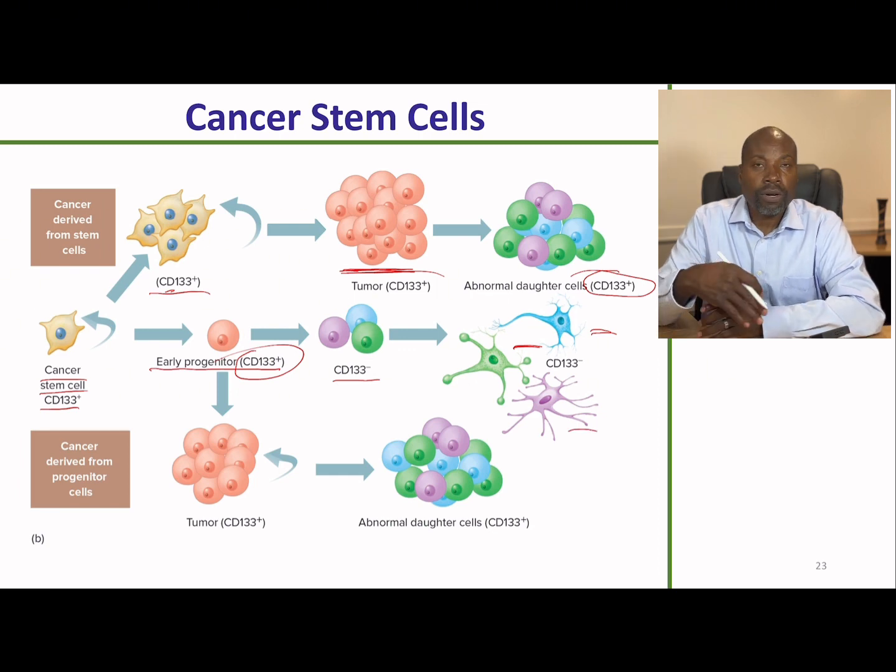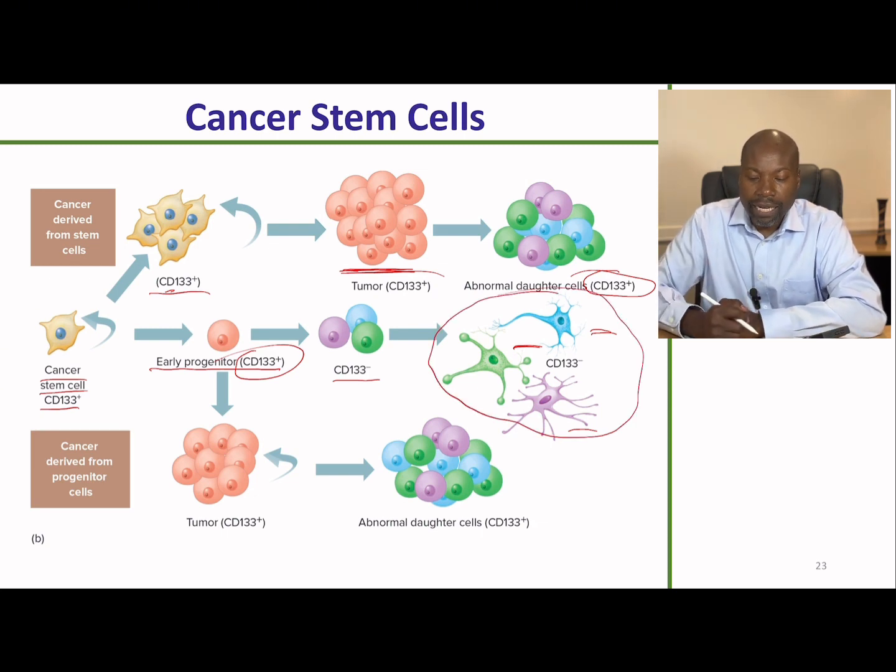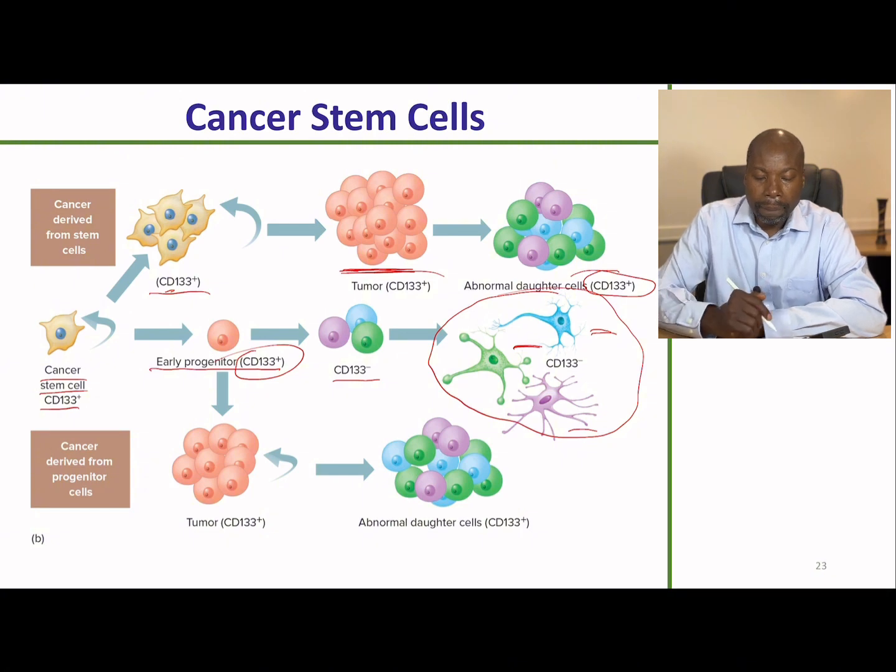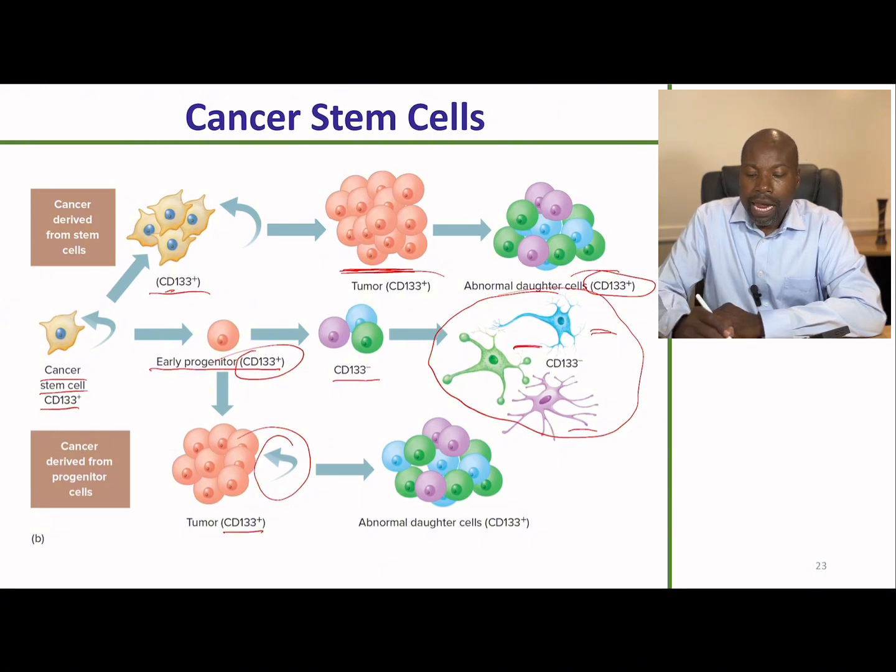I'm not sure that that's the order, but that's fine, okay? Know that the cells are differentiating, which is what we expect, right? However, the early progenitor cells here can multiply, right, self-renew, and still keep the gene CD133 expressing. And in that situation, we are going to have a cancer situation.